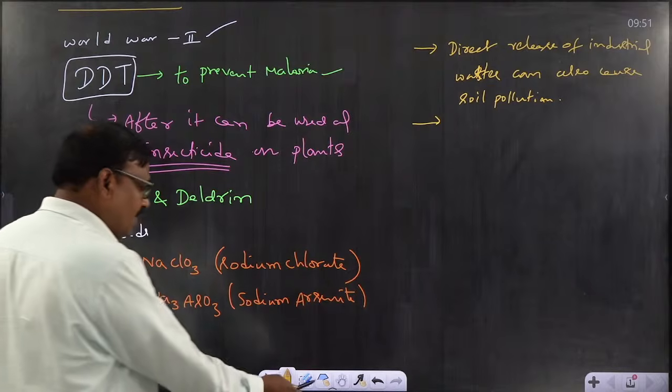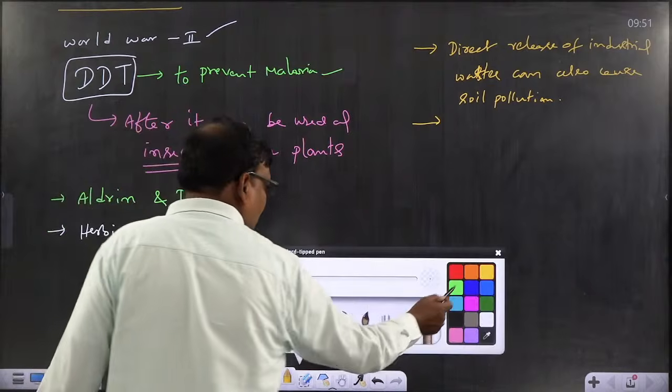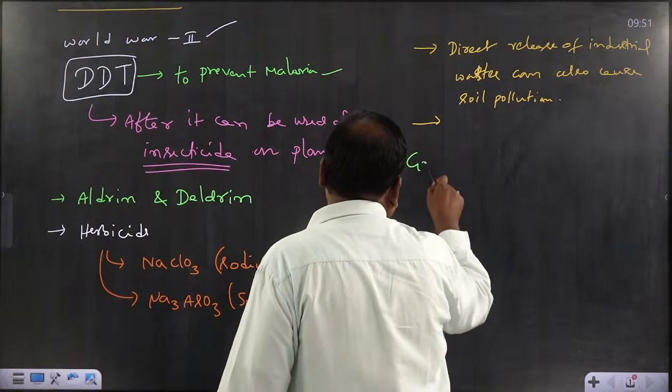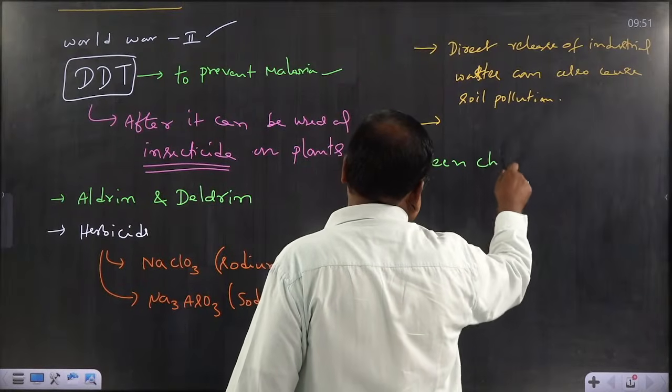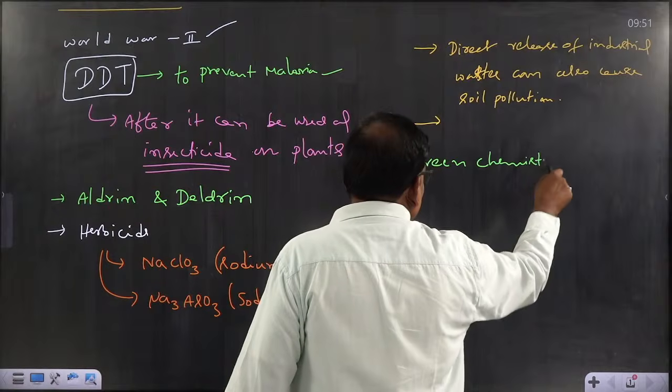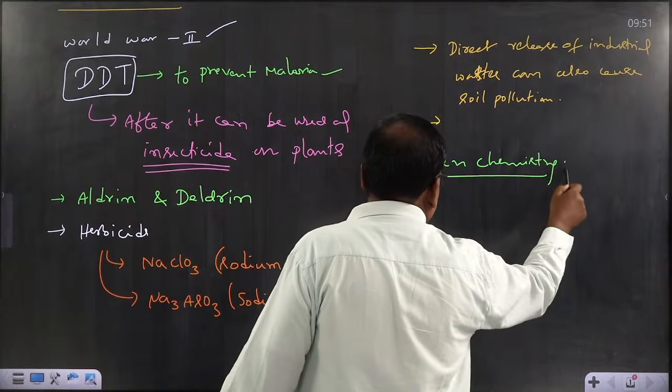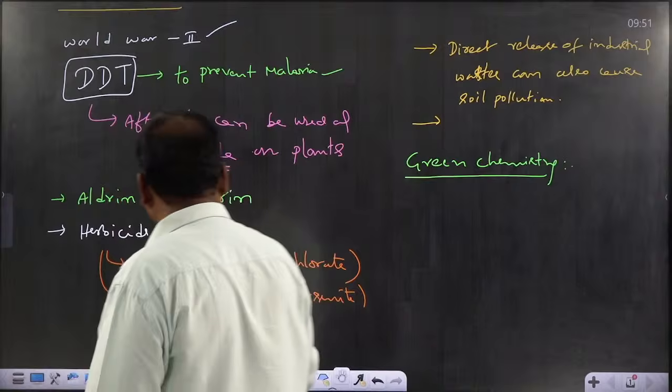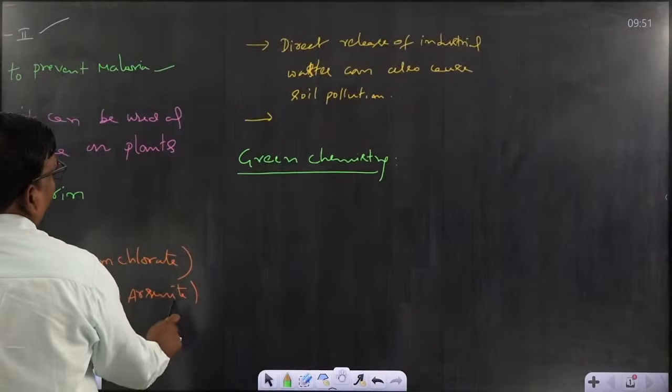And finally, various techniques must be used, especially what we call green chemistry. By the use of green chemistry, we can reduce the release of pollutants into atmospheric air.